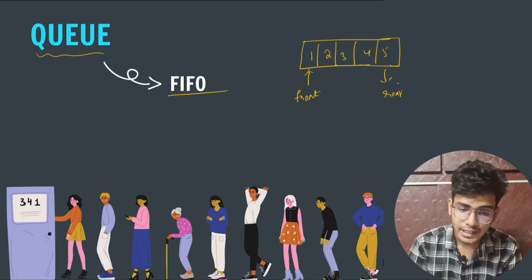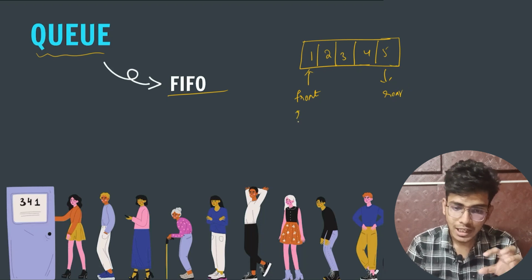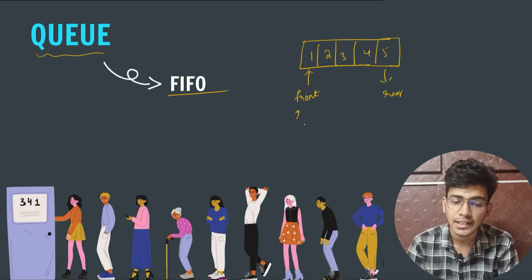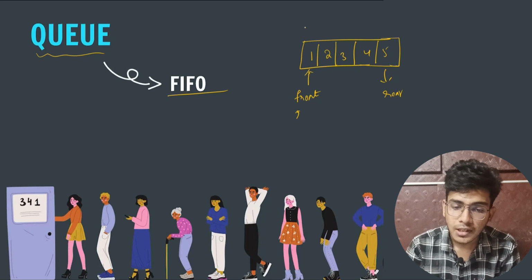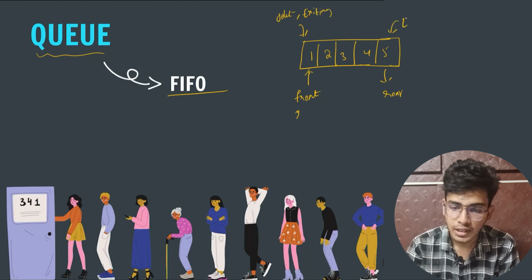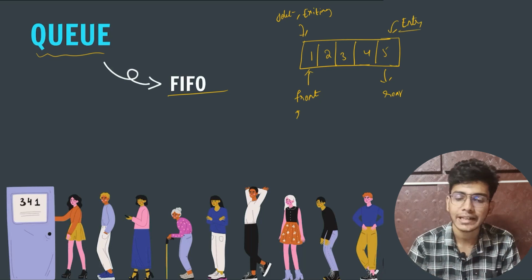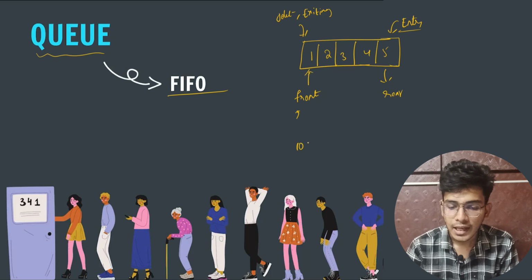right? And whatever elements we are deleting, let's say I'm deleting 1, 2, 3, the deletion will happen from this side. So deleting or exiting will happen here, and entry will happen here. If I want to add a new element, let's say I'm adding 10, my element in the queue will come here.